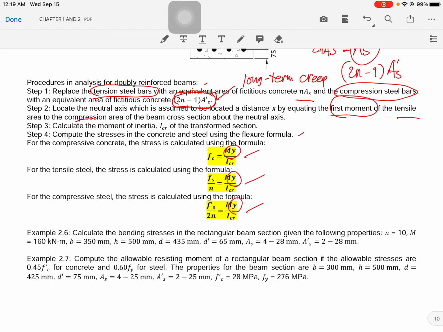So we are tasked to calculate the bending stresses in the rectangular beam section given the following properties: n is equal to 10, M is 160, b is equal to 350 mm, h is 500 mm, d is 435, d prime is 65, As is 4 28 mm diameter bars at the tension side, and As prime is 2 28 mm bars.